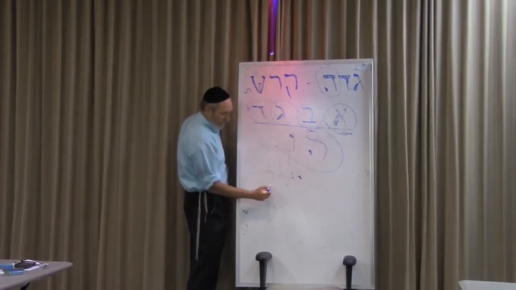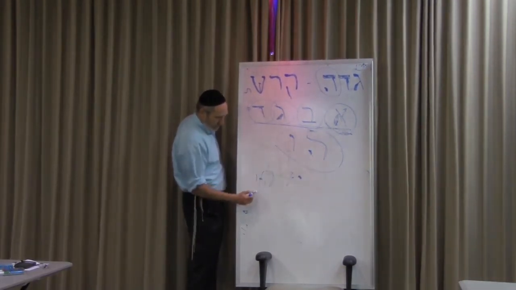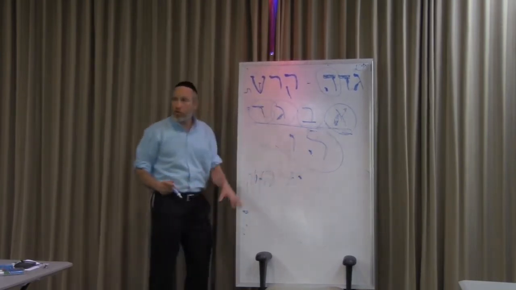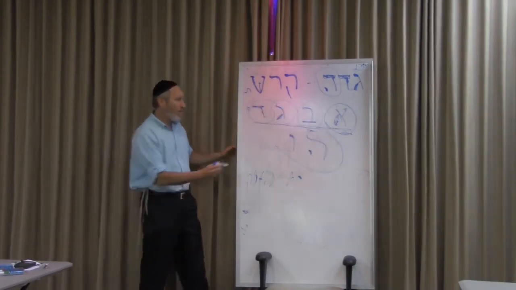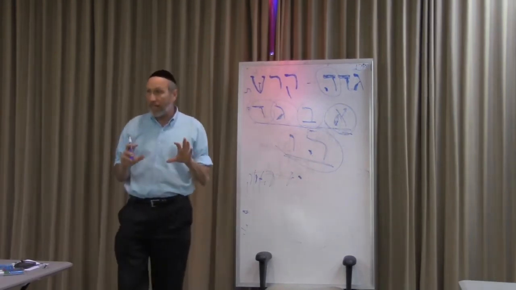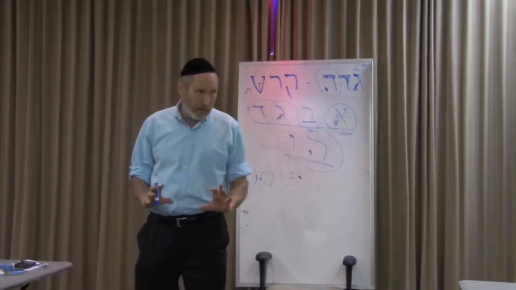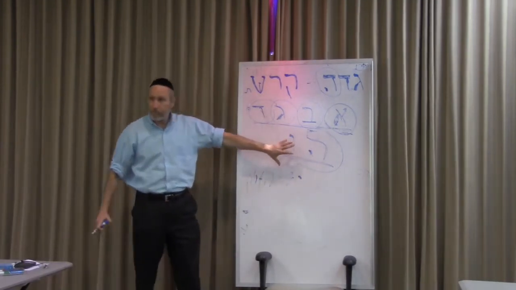And it's the Hey. And it's the Vav. And it's the Hey. So if you do this process of learning the knowledge and bringing it into actions, then you can now connect and receive the godly letters, which is what we're going to get into today. The Hey and the Vav.